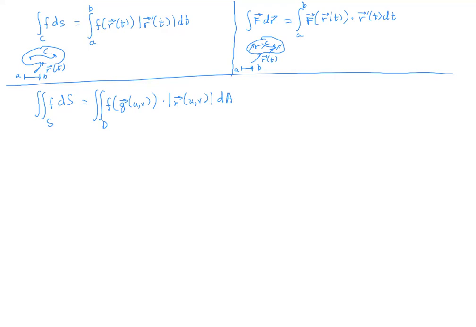Again, it might be a good idea to draw a picture to know what we're talking about here. So here's your surface S living in 3 dimensions, and here is the parameterization by means of G of UV.